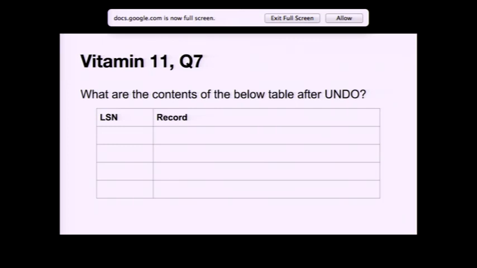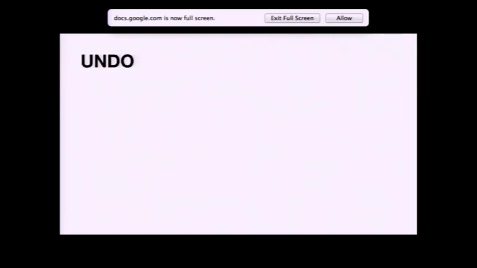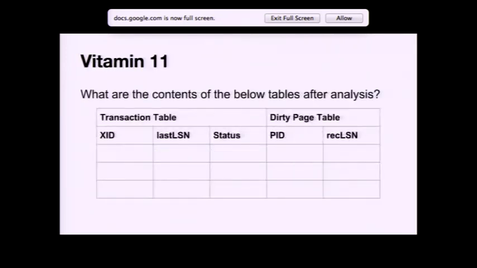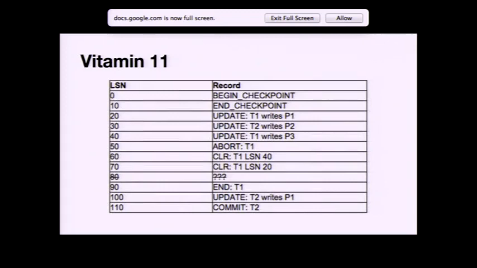In the transaction table, we do have transaction T2. So this is the one that we have to undo. We're going to write CLRs for all of the actions here. We'll undo the action at 100, which is some update. We're going to undo the action at 30, which is some update, and then we'll end the transaction. If we go back, here we are.